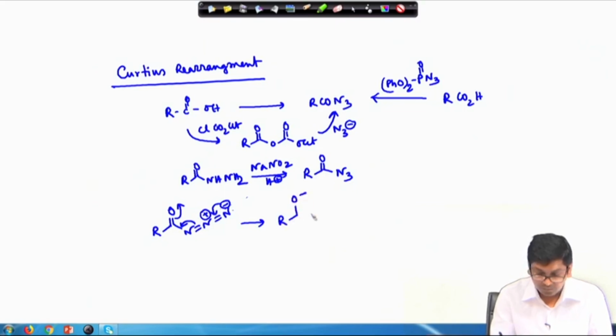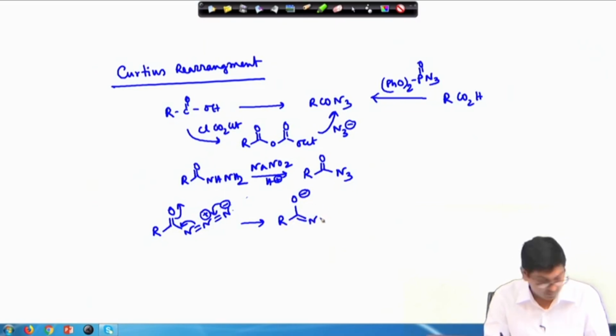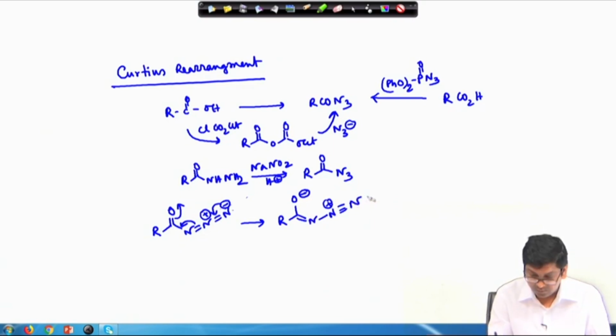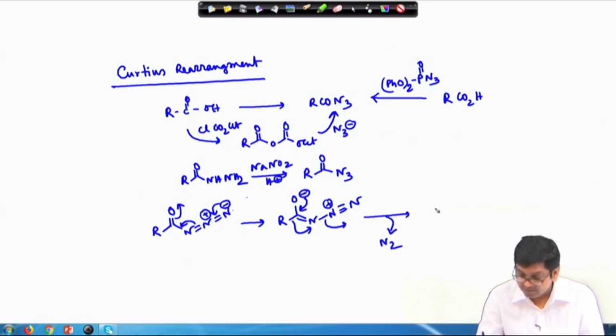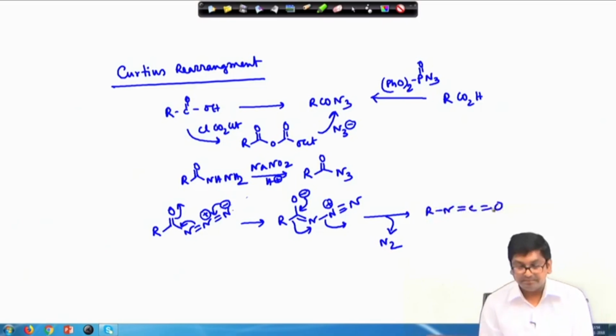Okay. So now this 1,2 migration can happen to liberate the nitrogen and give you this isocyanate derivative.